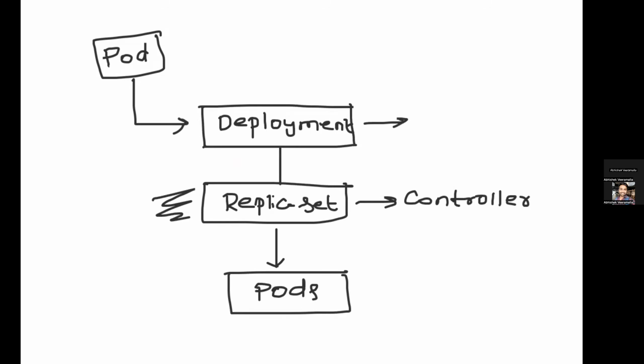Like, you can say 100 users should go to replica 1 of the pod and 100 users to replica 2 of the pod. That means you are implementing high availability or load balancing, or whatever the general terminology is.